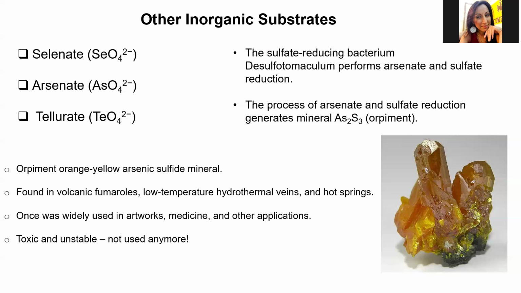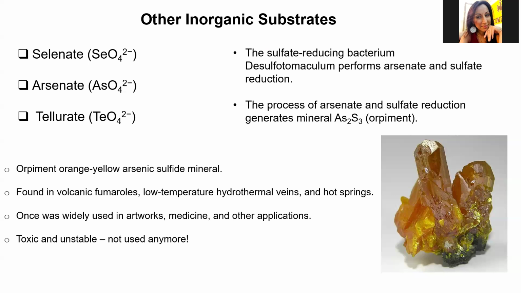Because when they respire arsenate and sulfate, so I think they can do both, they generate this mineral. Don't memorize the formula, but memorize it. This yellowish color, and you will find it in volcanic areas, in hydrothermal vents, but it's not used anymore because it's unstable. I'm not surprised.